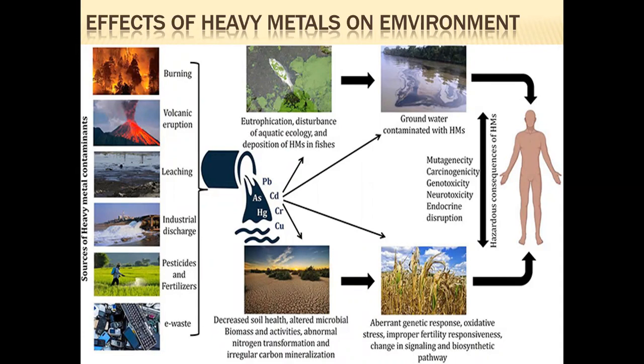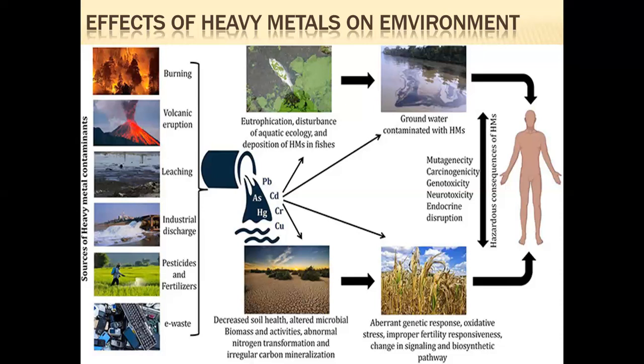These heavy metals are arsenic, mercury, lead, cadmium, chromium, and copper, etc. These all heavy metals exert toxic effects on our environment directly or indirectly. It pollutes our aquatic system. It also contaminates and destroys our land, our crops, and ultimately these all exert hazardous effects on our human health.